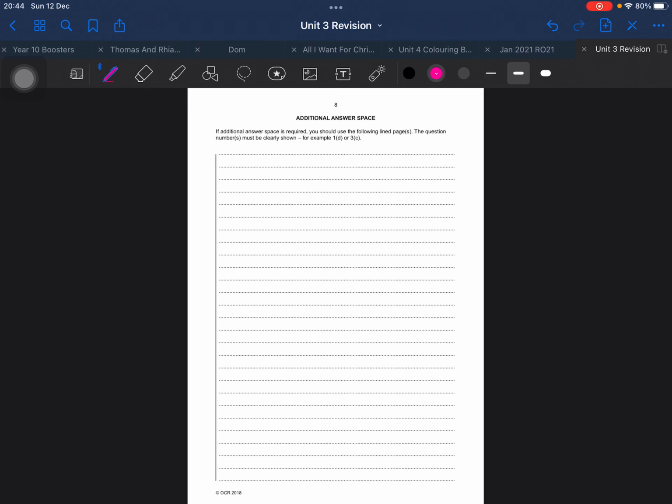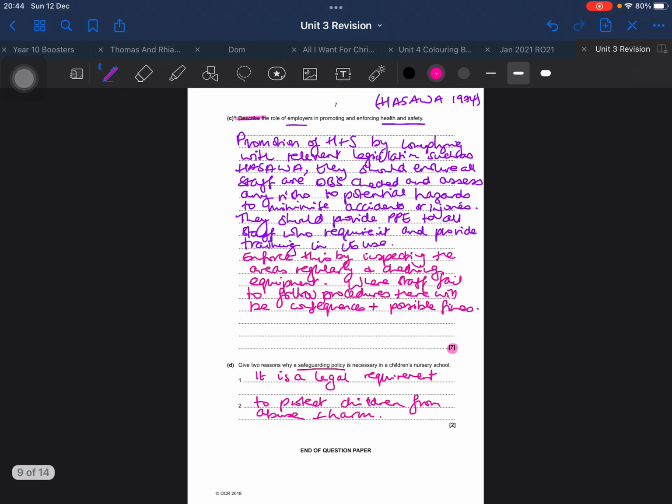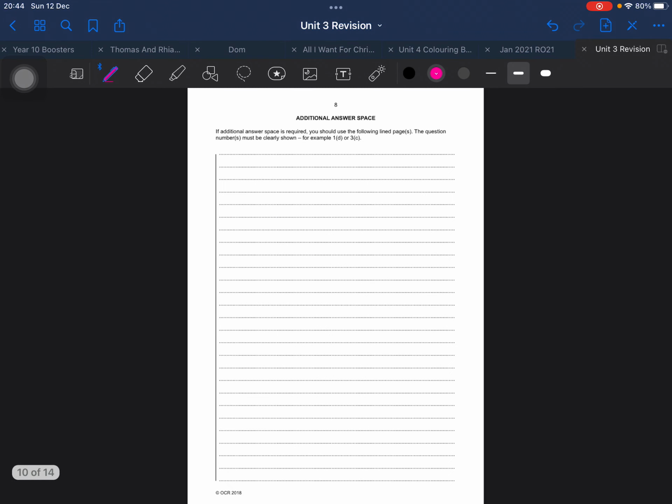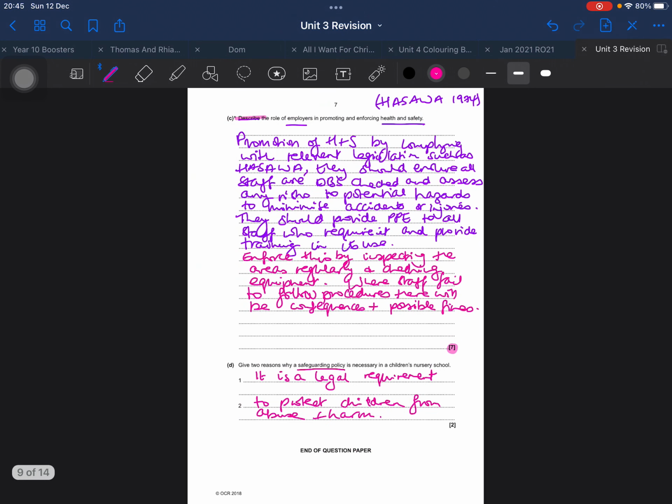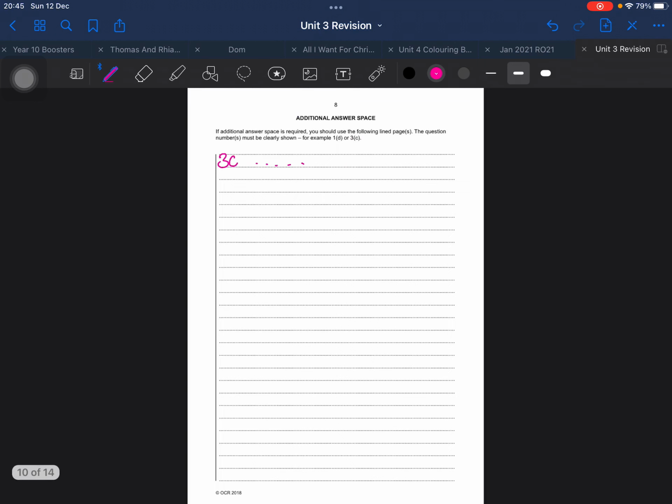If you need to continue your question, so for example, question C there, maybe we didn't have enough space, then all you need to do is write the question number and then continue writing. What I would advise you do if you're doing that would be to write at the bottom so that they know where to find it, and that just indicates to an examiner that that's the question where they need to find extra information. Always good practice.